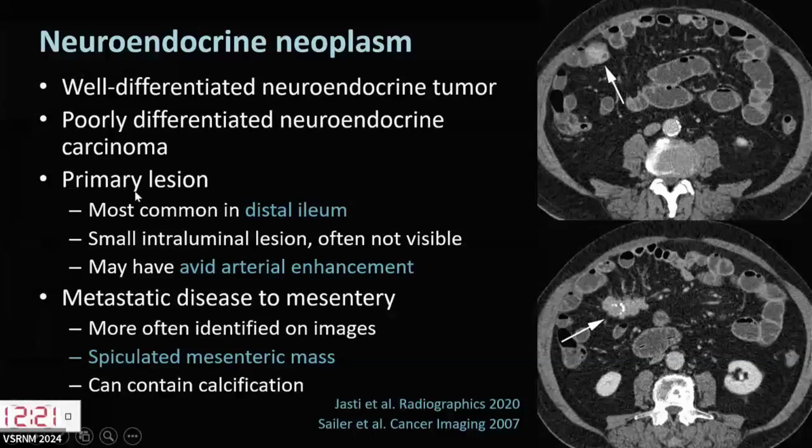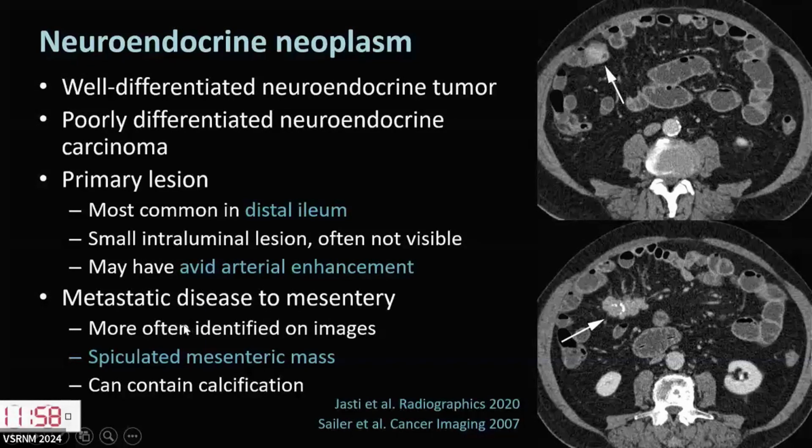And the primary lesion on the small bowel is most commonly seen at the distal ileum. The primary lesion is usually very small and often not visible on CT and MRI. But if it is visible, it will have a very strong arterial enhancement. It's a hypervascular tumor.